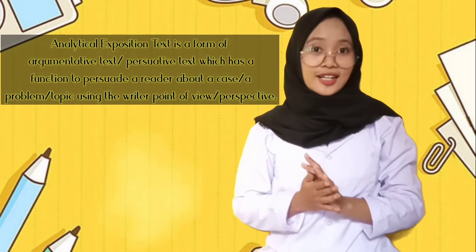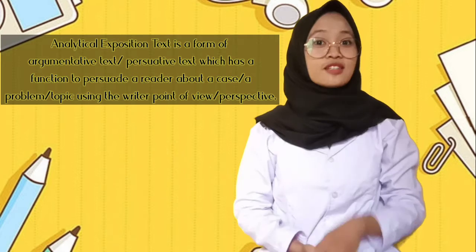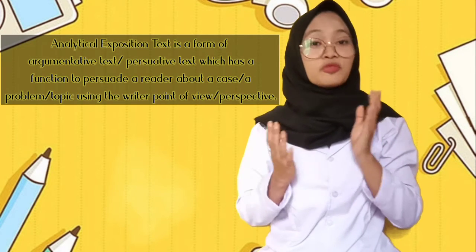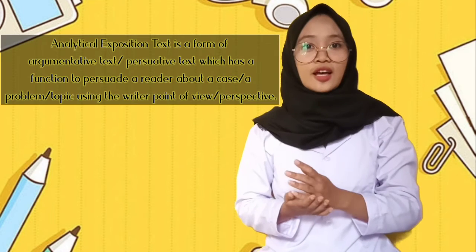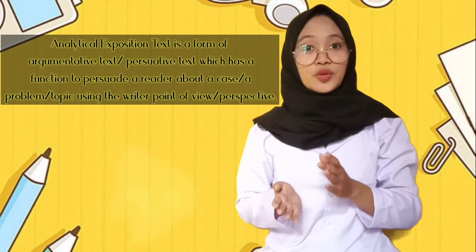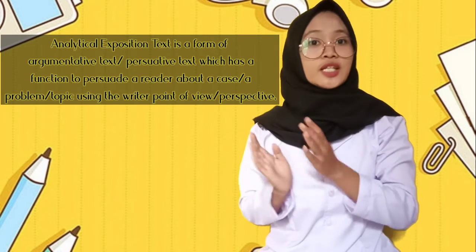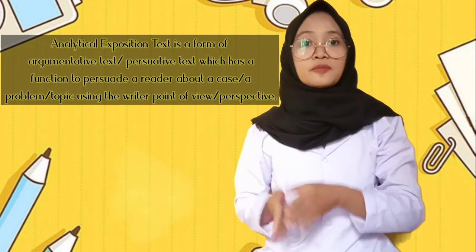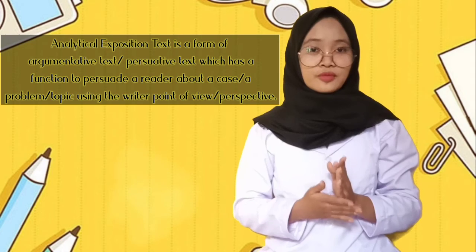And can you give me the conclusion, what is analytical exposition text? So, analytical exposition text is a form of text or essay or argumentative text that has a function to persuade the reader about a case, problem, or topic from the writer's perspective or point of view.